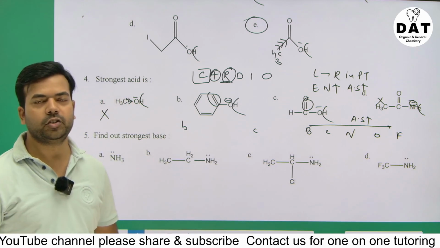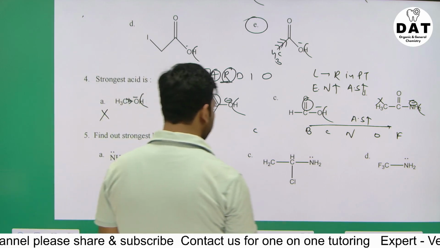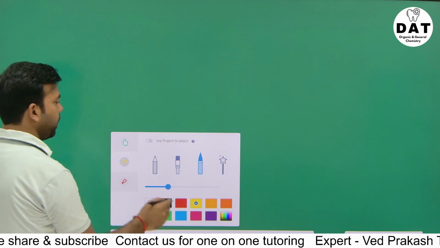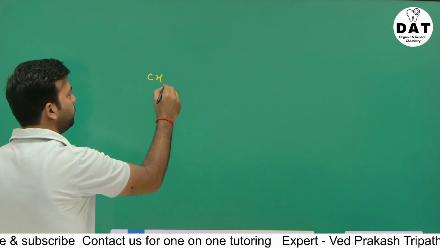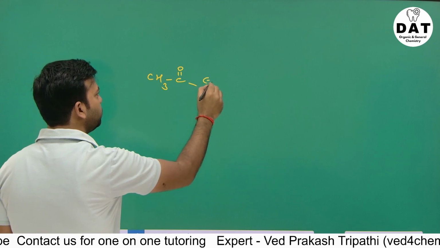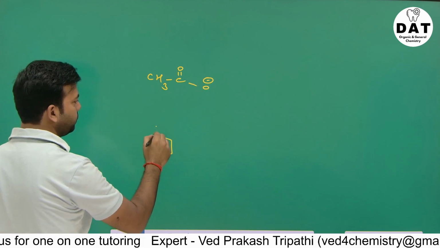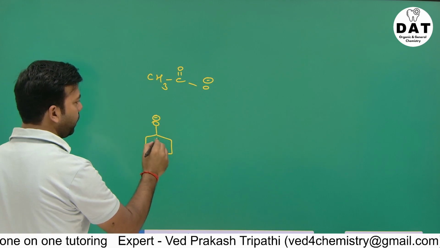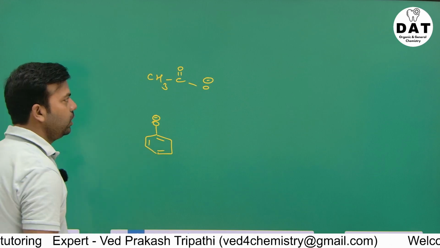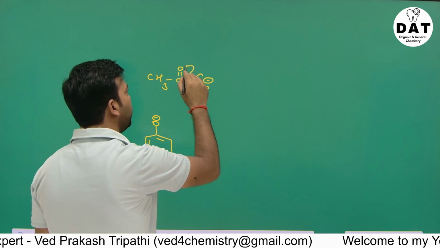Look here, this is important information. I am going to discuss this in this way. Suppose we have a species like this, and we have a species in this way. If you draw its resonance structure, it will donate and it will break like this.